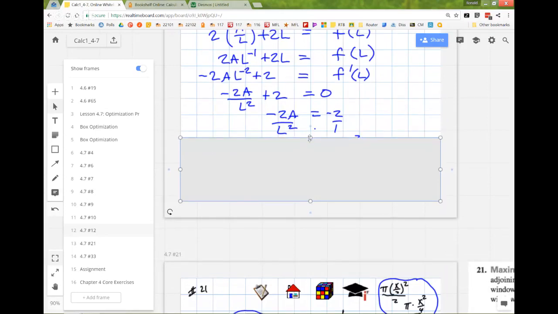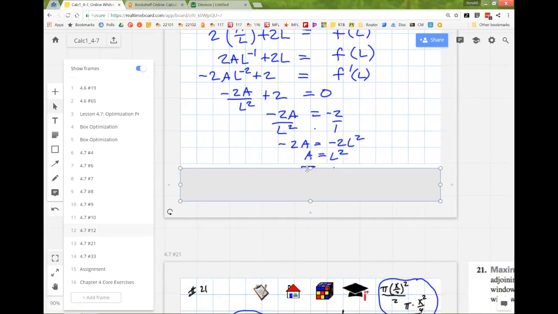Remember, A is a constant, so we're trying to solve for L here. So here I did what? Cross multiply. Negative 2A times 1 equals negative 2 times L squared. Divide both sides by negative 2. And then take the square root. Okay, so the length is the square root of whatever A is.